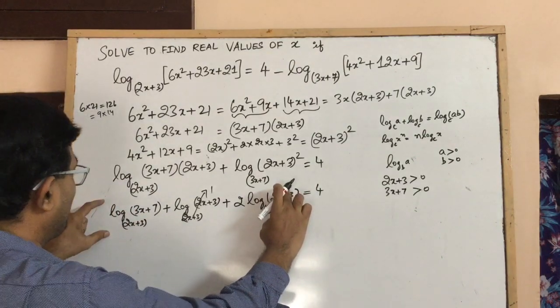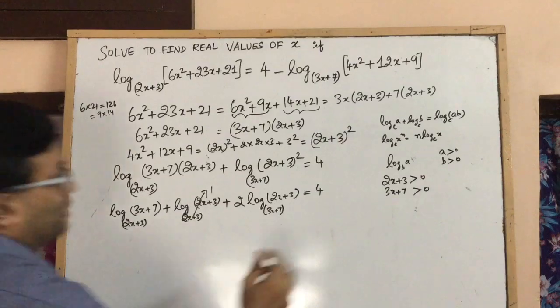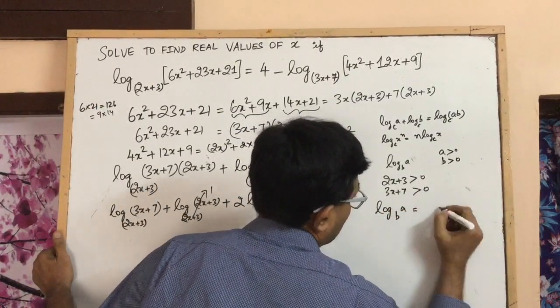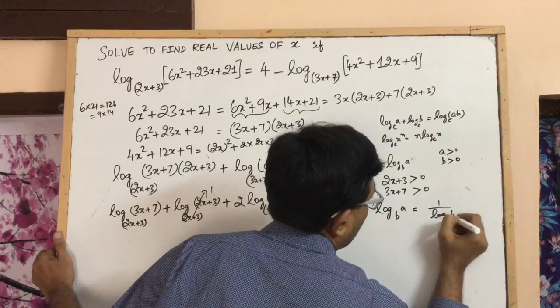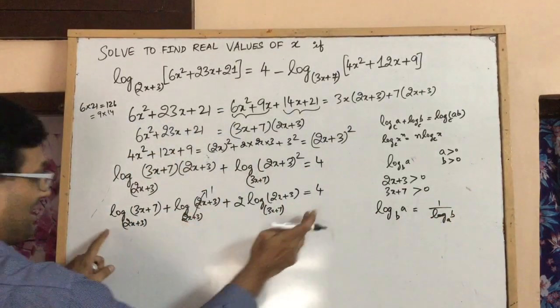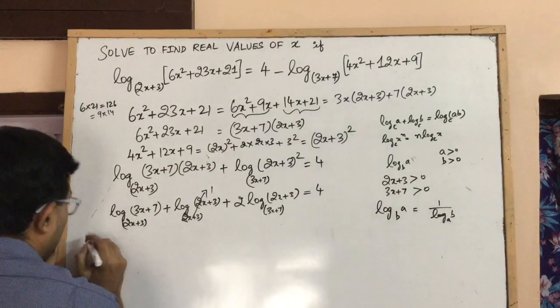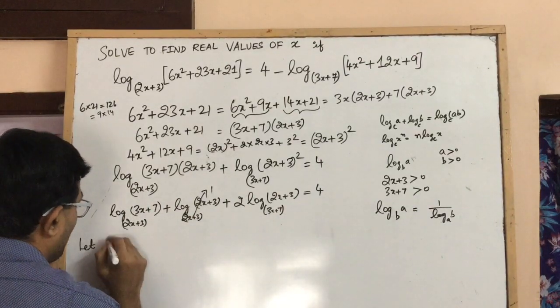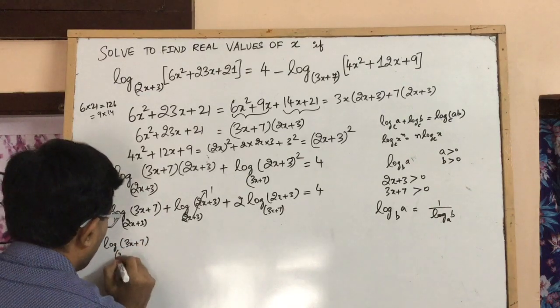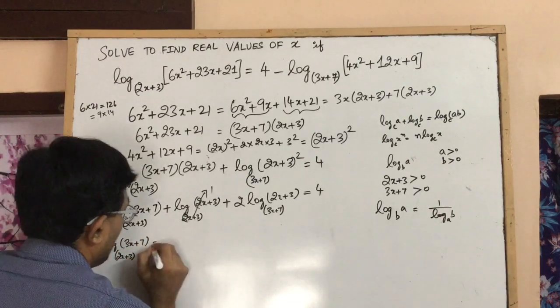That's an important observation. So we also know that logarithm of a to the base b is the reciprocal of logarithm of b to the base a. This is something again which we will be using in this. So let's substitute logarithm of 3x plus 7 to the base 2x plus 3 as t.